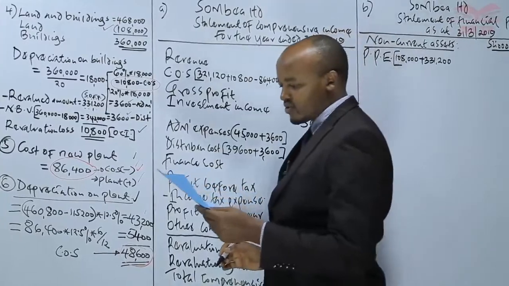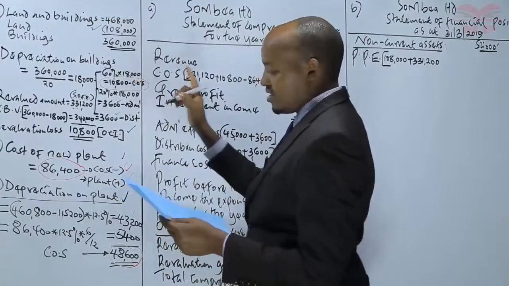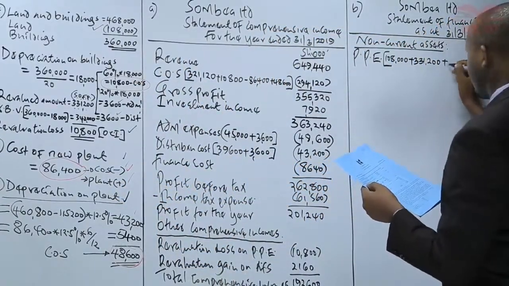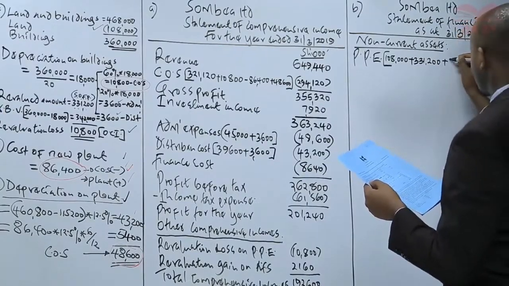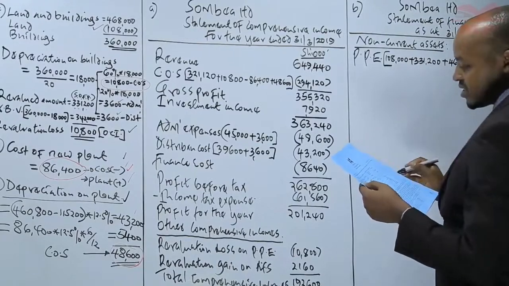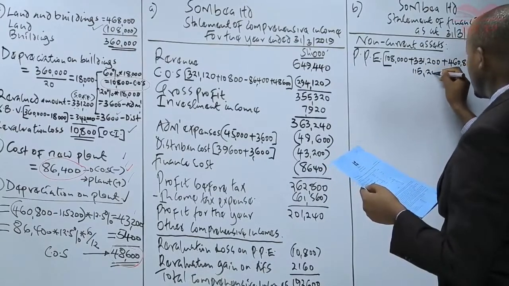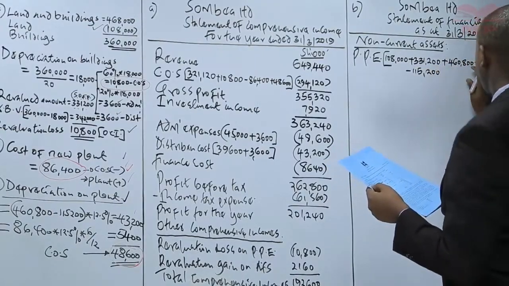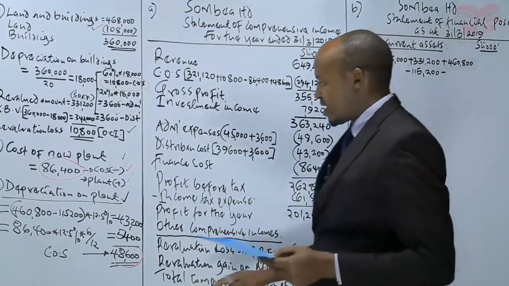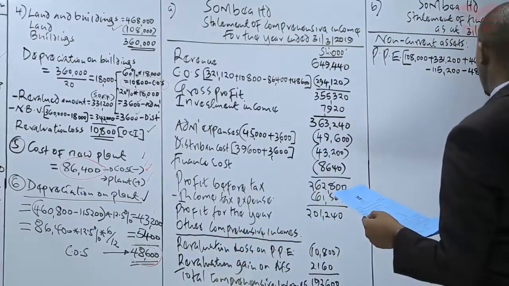And then we also need to include the value for plant. The value for plant which we have in the trial balance is 460,800, and to this we need to less the depreciation at the start of the year, which was 115,200, and also less the depreciation for the year on plant, which we have here, and that is 48,600.